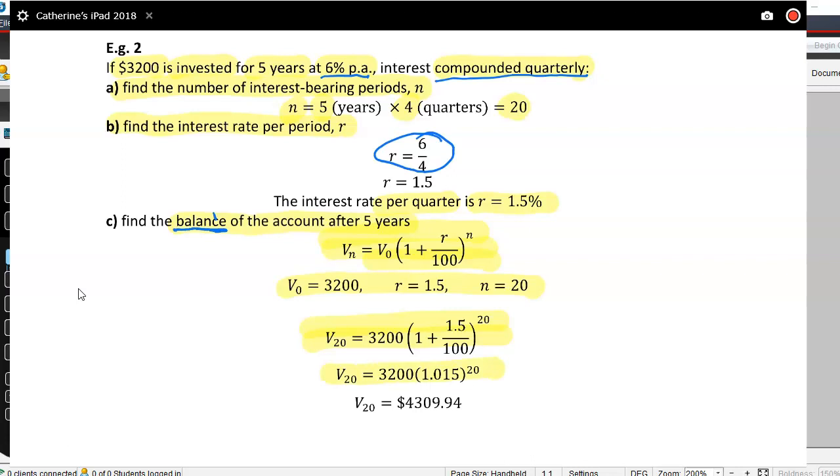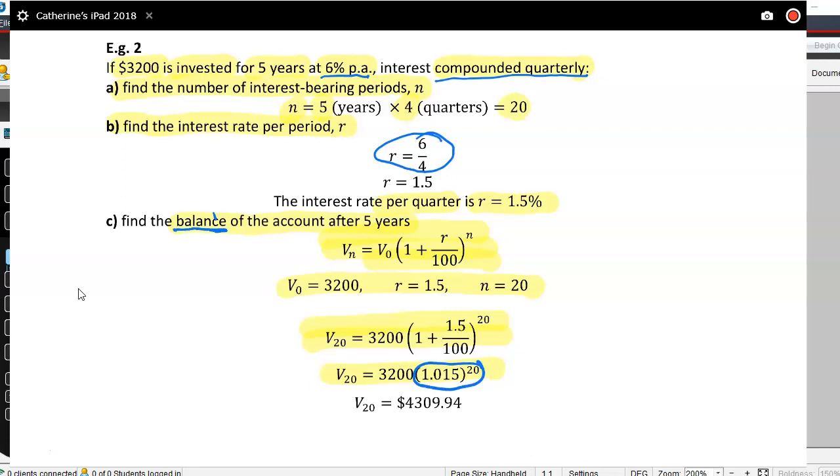So V20 equals 3,200 times 1.015 to the 20. Now, please make sure when you are calculating this, you only raise the 1.015 to the 20.